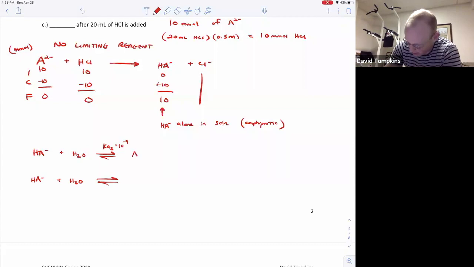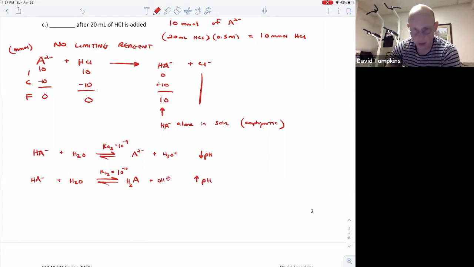If it acts as an acid, it's going to produce A2 minus and give up hydronium. That is decreasing the pH. If it acts as a base and takes a second proton and becomes H2A, that's going to be Kb2, which is 10 to the negative 10, right? We found that above at the very top of page 1. And then it would take a proton to become H2A and produce hydroxide, increasing the pH.